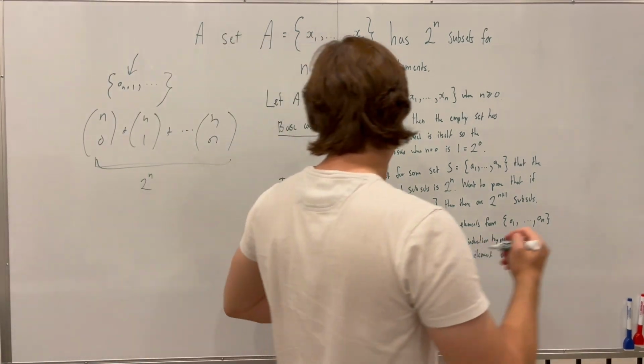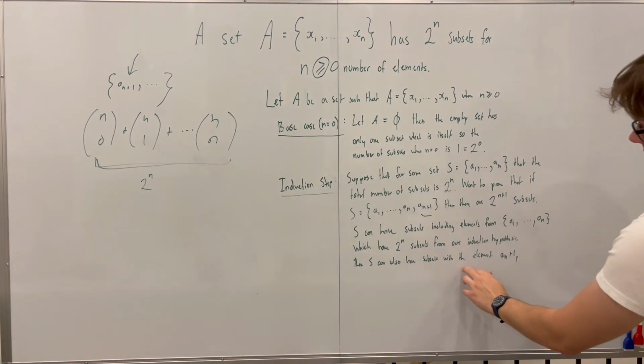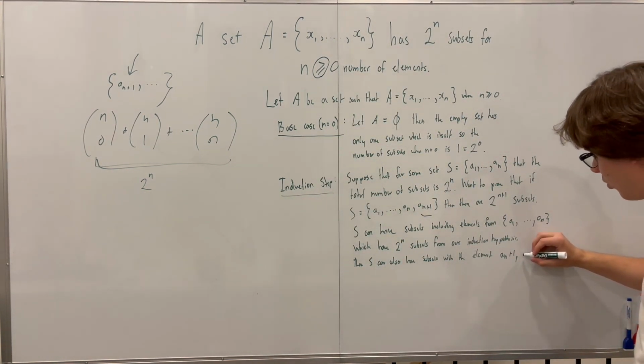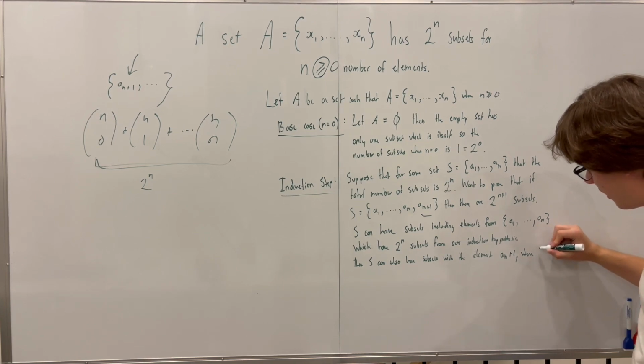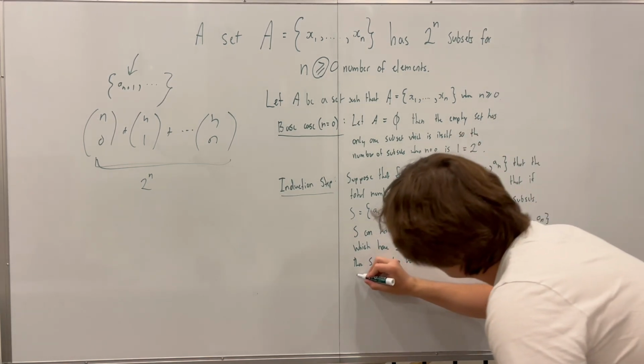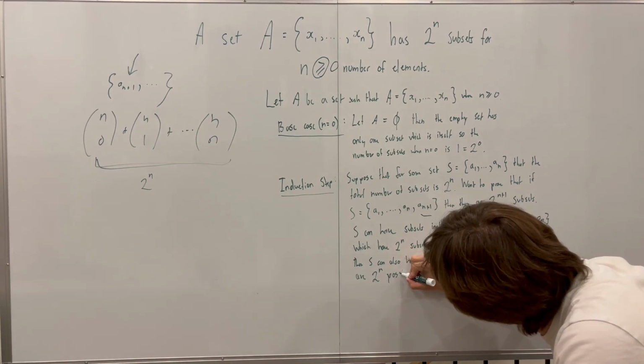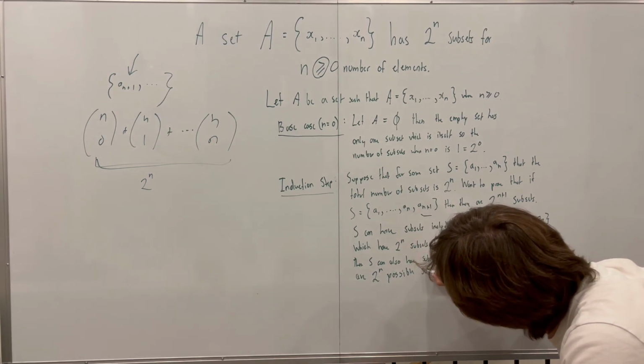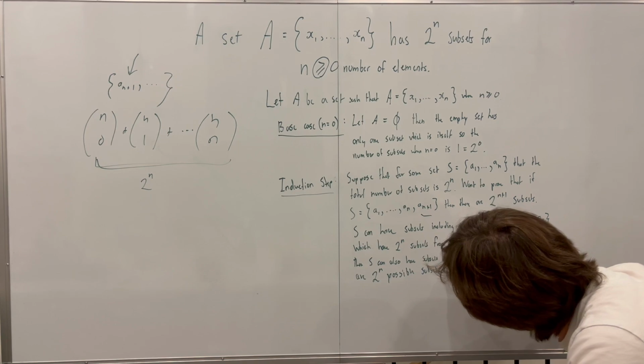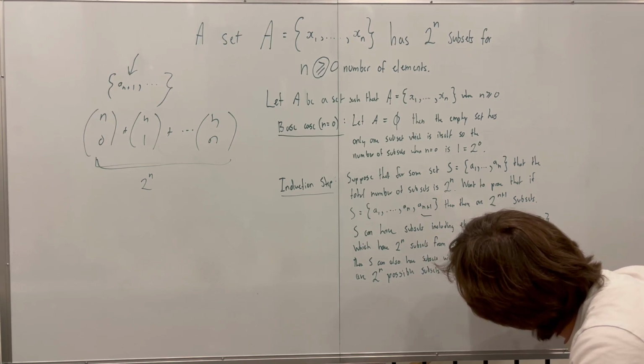So we know that then S can also have subsets with the element an plus 1 where there are 2 to the power of n possible subsets with an plus 1.